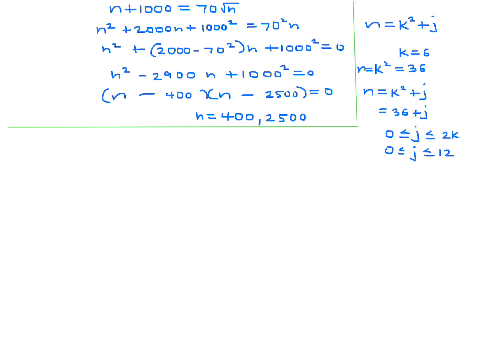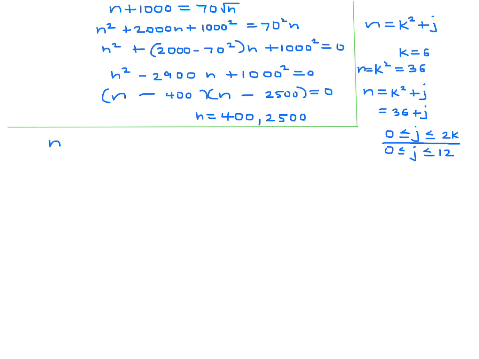Watch what happens when j is outside of this boundary, let's say 13: we add it to 36, it becomes 49, and 49 is a perfect square. So it goes right back to the previous scenario. That's why we have to have this all-important boundary, or range, I should say. Hopefully that makes sense.